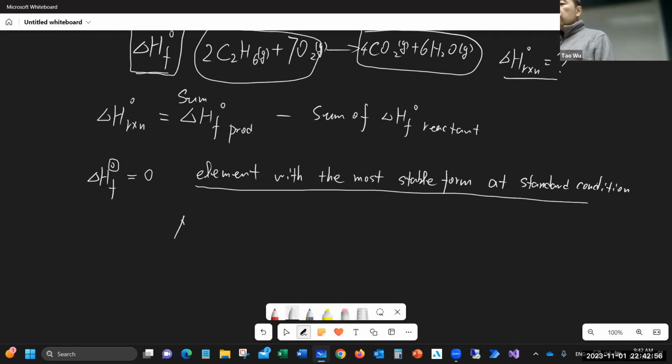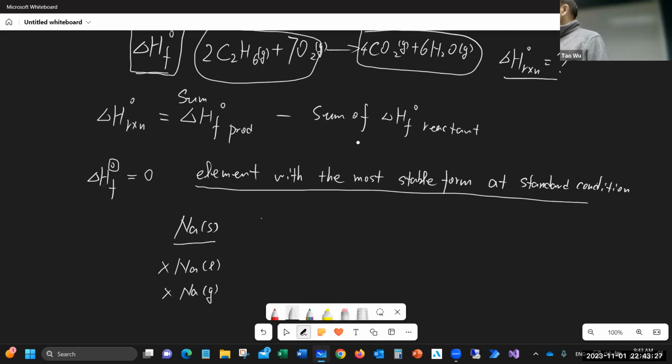So sodium solid is the standard, the most stable form, rather than sodium liquid or sodium gas. Those two are not standard condition and not the stable form, because at room temperature you're definitely not going to have a liquid or gas phase for sodium. That makes sense, right?